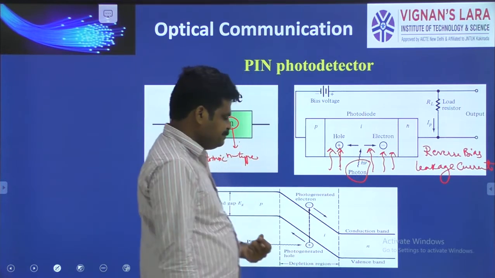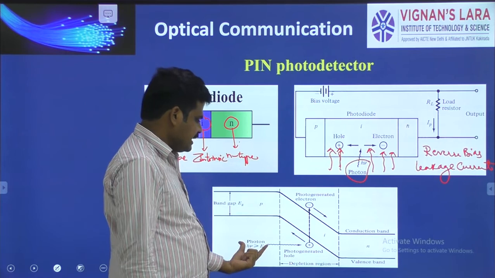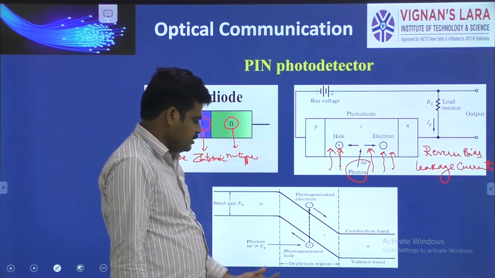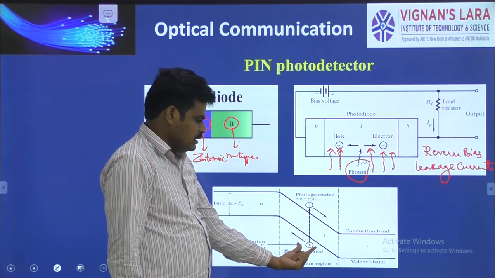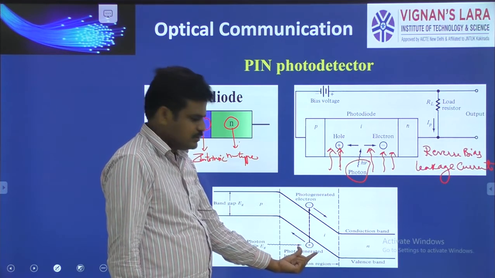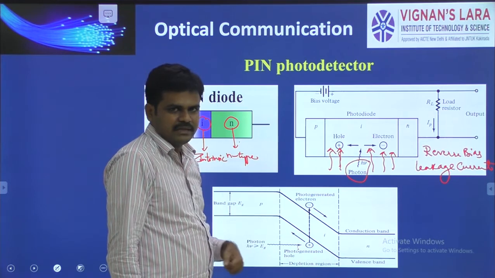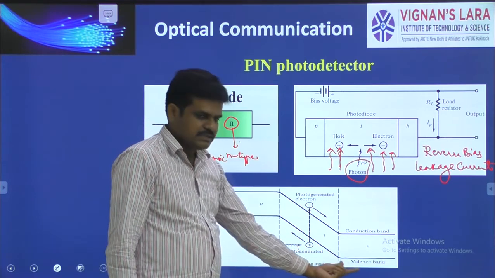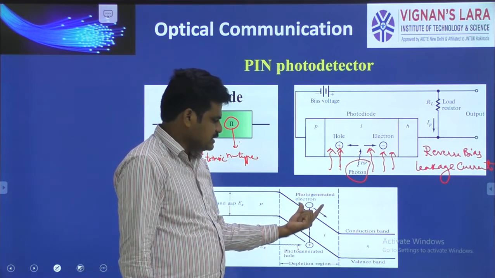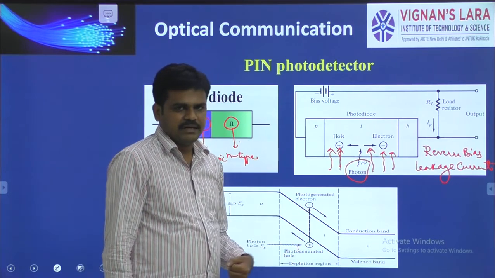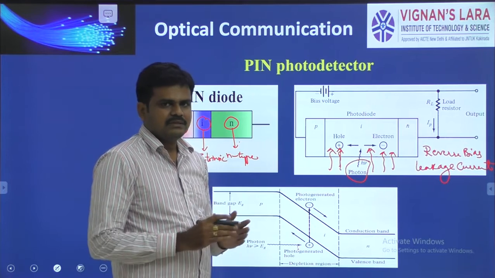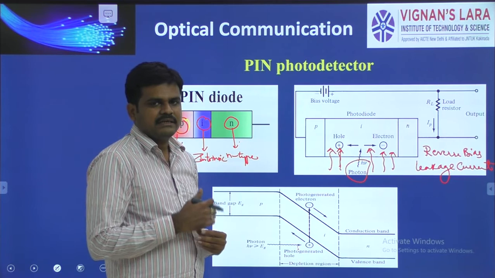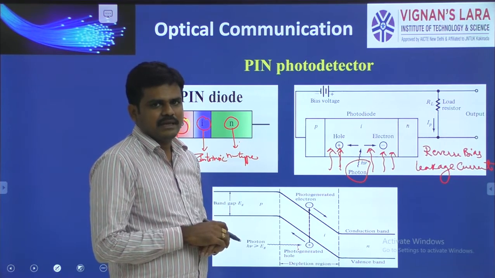We know that when light or external energy is applied, the electron present in the valence band will move into the conduction band, due to which holes are created in the valence band and electrons are present in the conduction band. That means electrons and holes are separated by a gap called the energy gap.